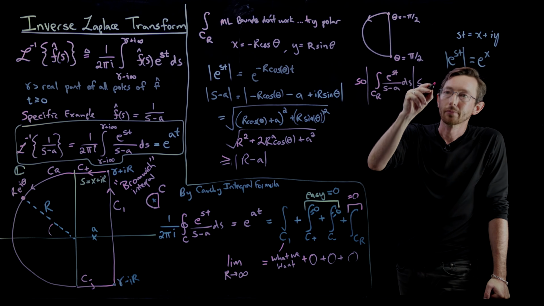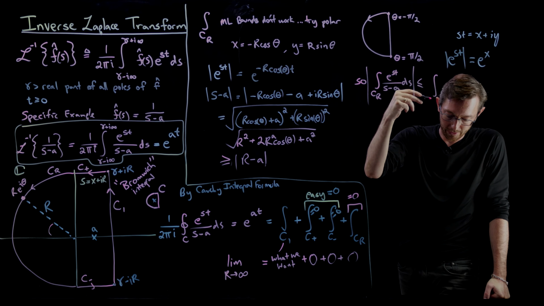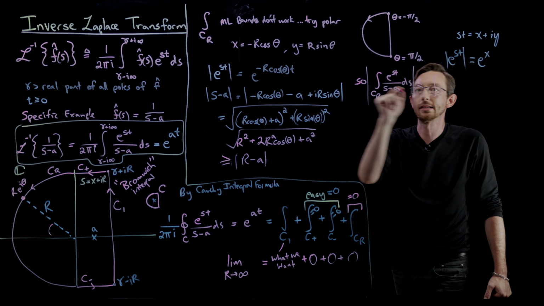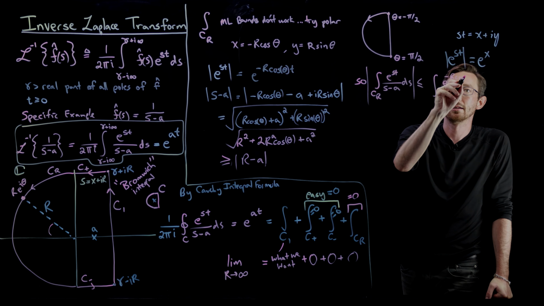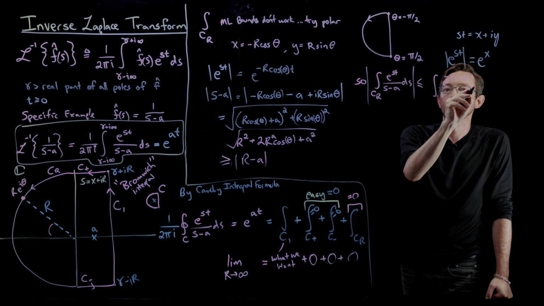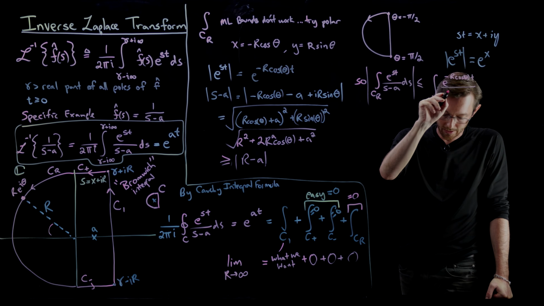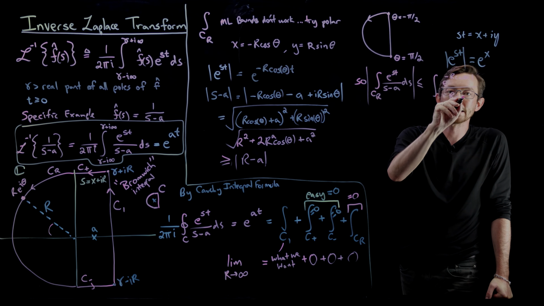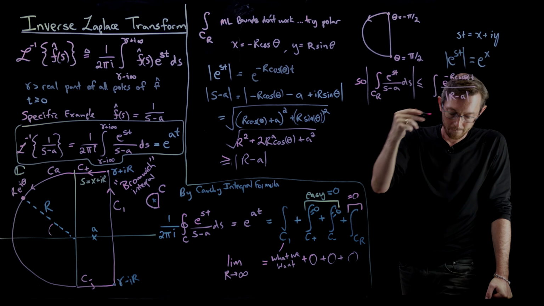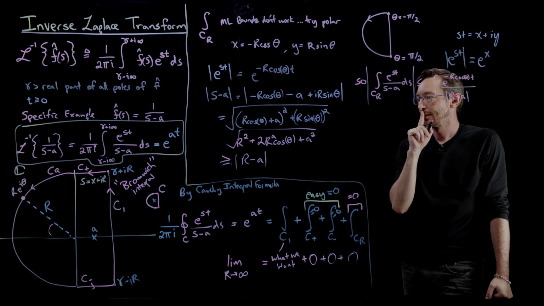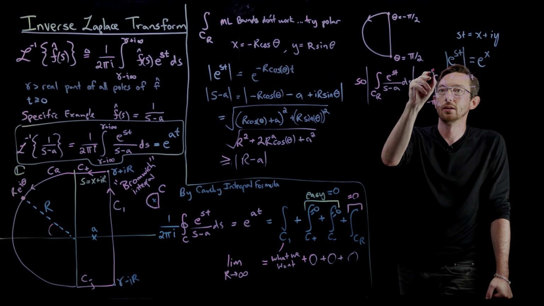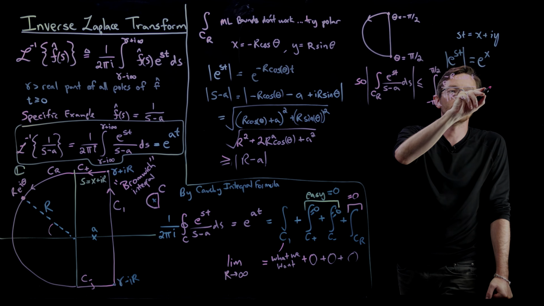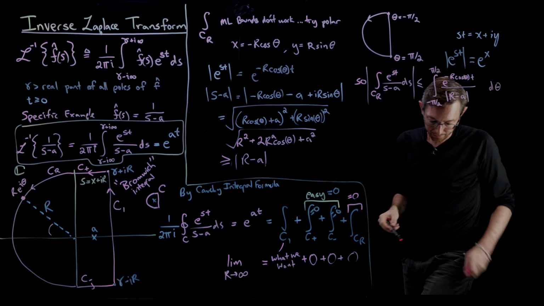The integral with respect to theta of this thing, e to the minus r cos theta t divided by norm of r minus a, times, and we're integrating from minus pi over 2 to pi over 2 d theta.